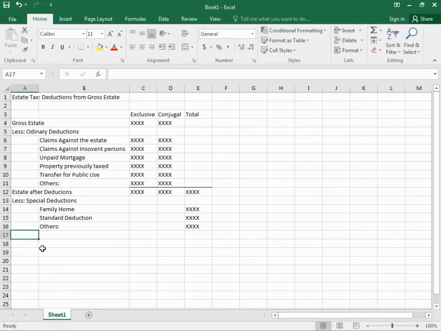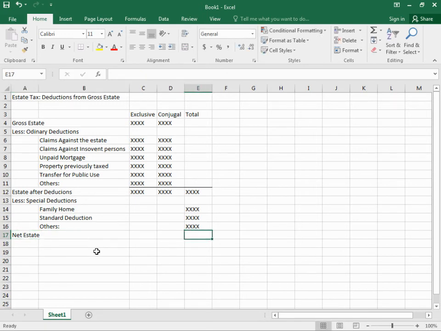Ayan. So, after deducting our special deductions, we will now get the amount of net estate after special deductions na to. Okay?